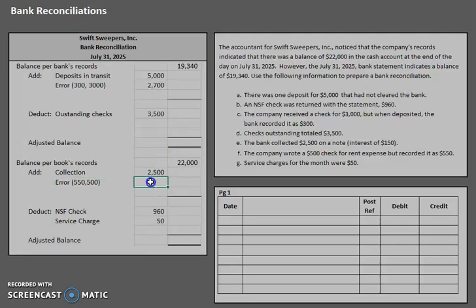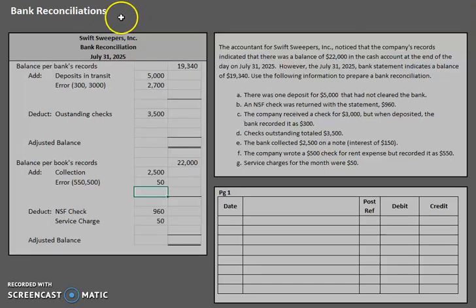So here, when we add this back in, what we are doing is we're saying, previously, we decreased our cash account by too much. Now I'm adding it back in to bring it back to the 500 that was supposed to originally be deducted. So these take a little bit of practice. Continue to analyze all of those different changes that occurred during the month, or outstanding or in transit items, and you'll be able to better analyze these bank reconciliations.